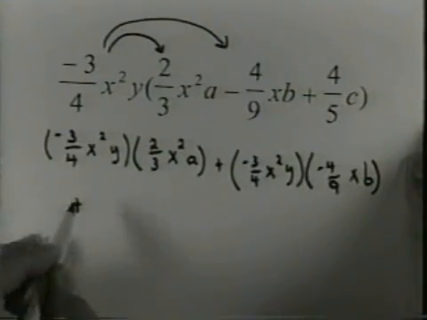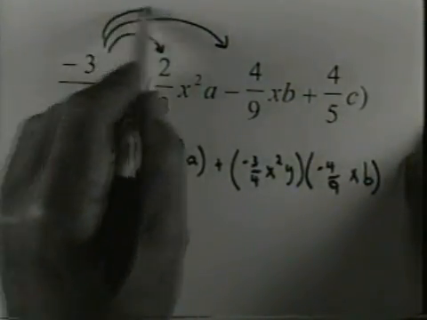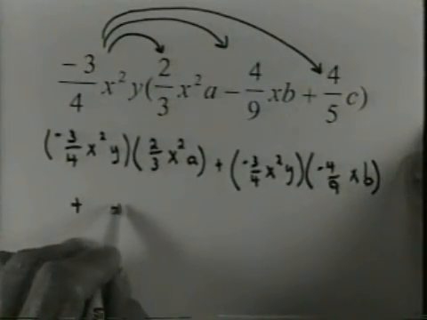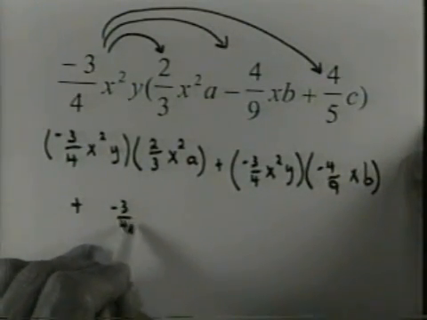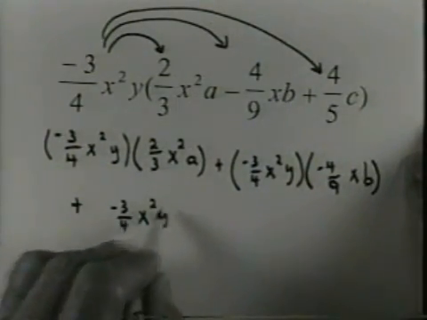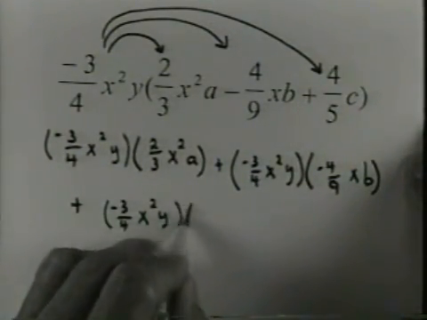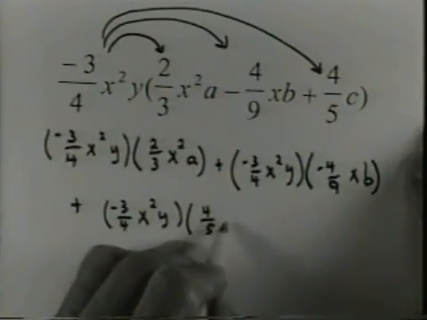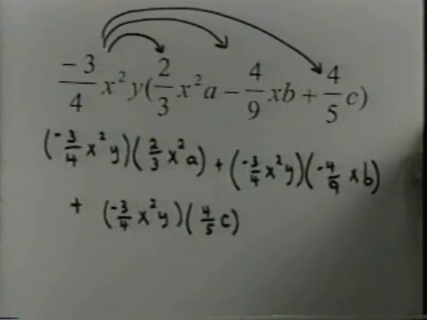And then finally, I'm going to multiply the negative 3/4 x squared y by the 4/5 c.